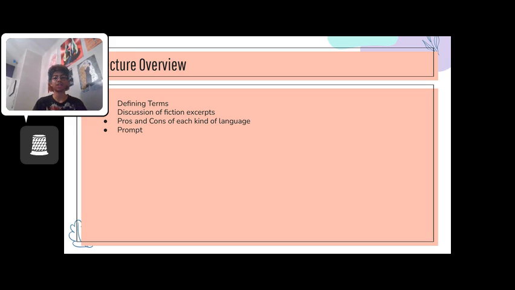After that, I would like to discuss some of the excerpts that I assigned ahead of the lecture. Then we're going to talk about using abstract and concrete language and some of the benefits and drawbacks of each one. And we are going to end this out with a prompt that you can take home and that we'll be discussing in the future.